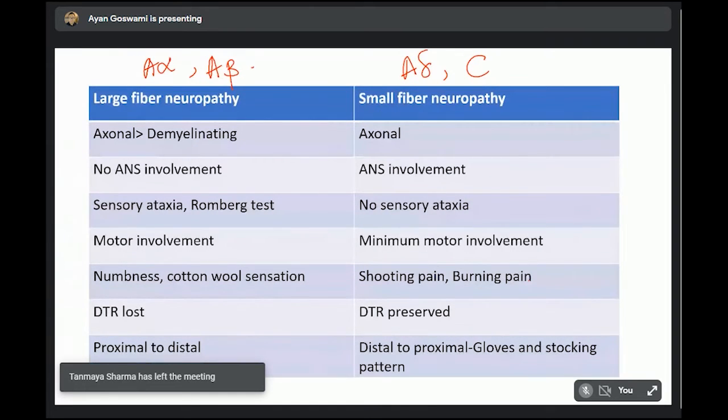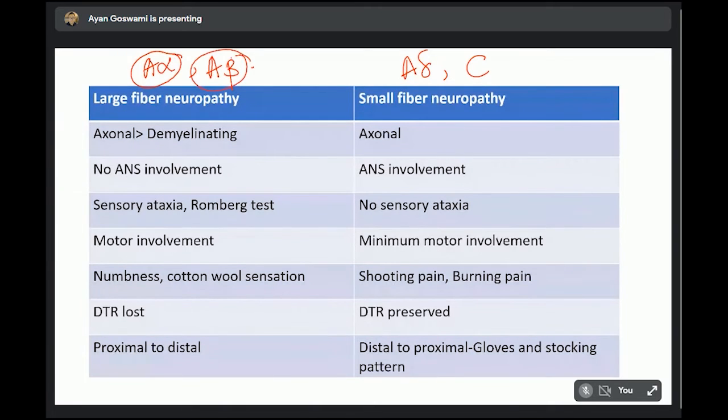Now moving on to the difference between large fiber neuropathy and small fiber neuropathy. Large fiber neuropathy means A alpha and beta, which have myelination, so it may be axonal or demyelinating.